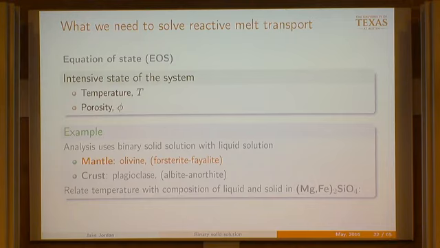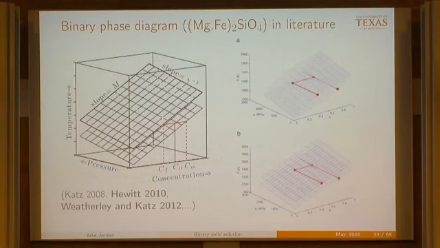So we're going to think about the binary solid solution associated with olivine, partly because this is what has been examined the most in the past by some of the modelers I showed you in my introduction. These are in boldface. Hewitt 2010 is the phase behavior he used to calculate what should be on the liquidus and what should be on the solidus in his channelization study.